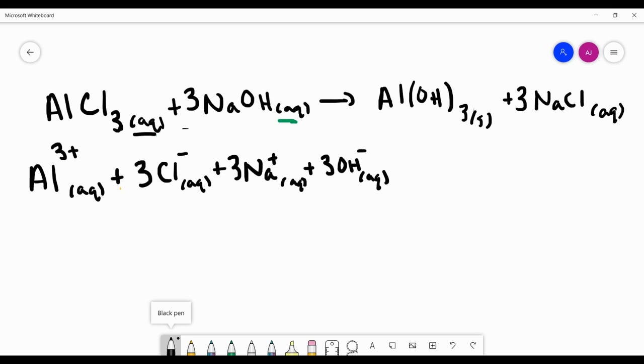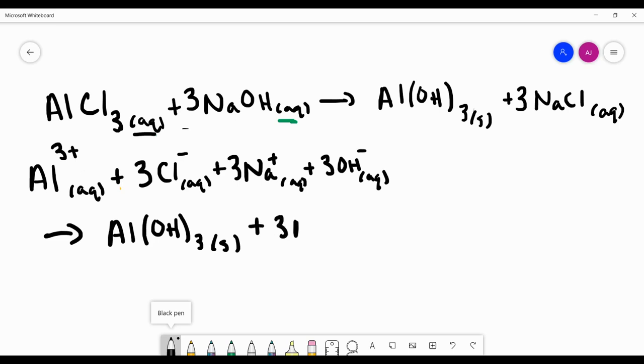Now, I always think it's better to split apart your equation into 2 lines if you're going to get squished at the end here. And I know I'm going to get squished. So I'm going to split this apart. Al(OH)3. Now, this was my precipitate. So those ions, in reality, are held together. So we're going to keep them together and write them together.